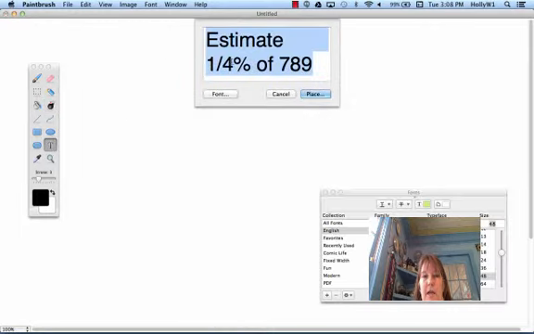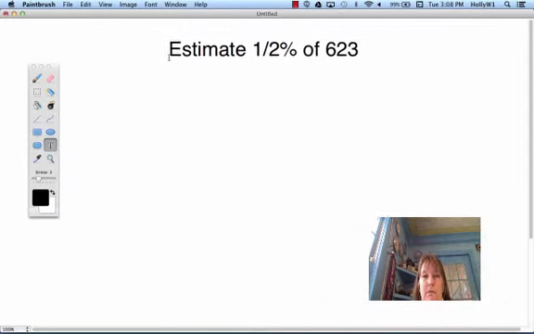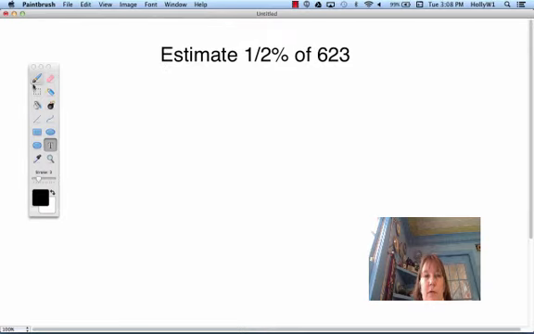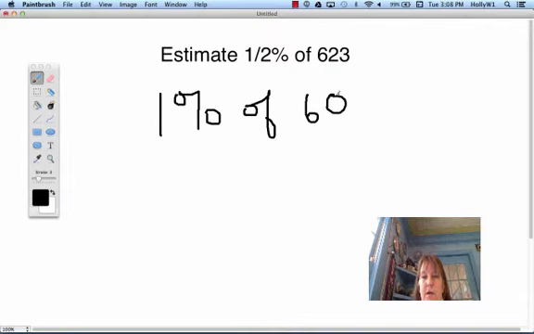So let's take 0.5% of, let's say, 623. The first thing that we're going to do is take 1% of 600. You know that taking 1% is like multiplying times 0.01, so that answer would be 6.